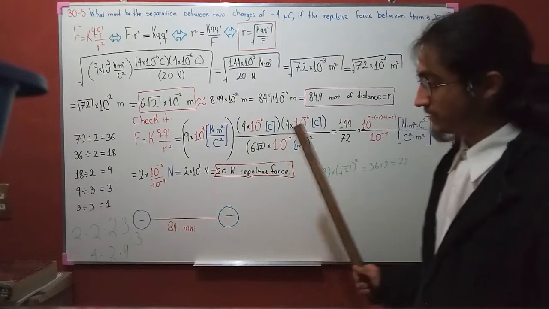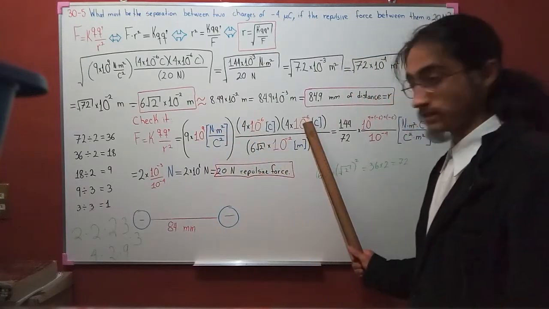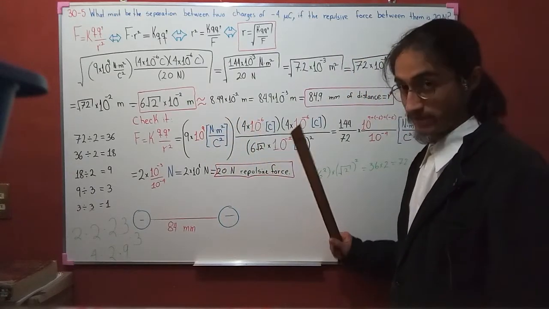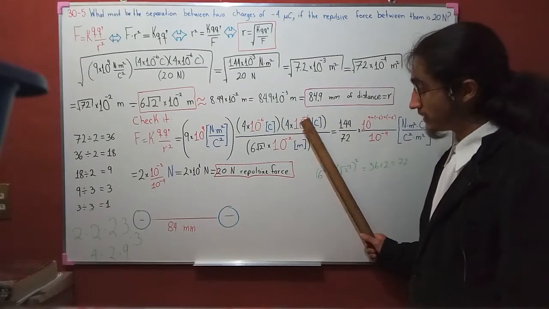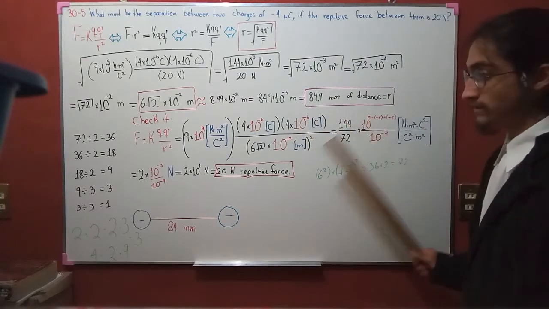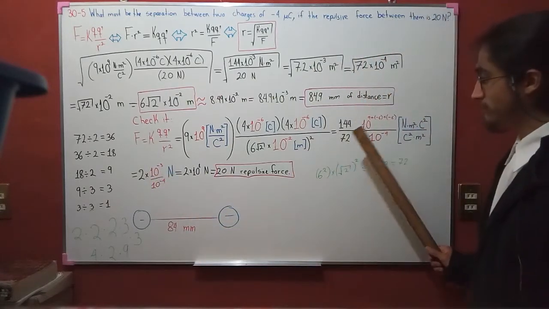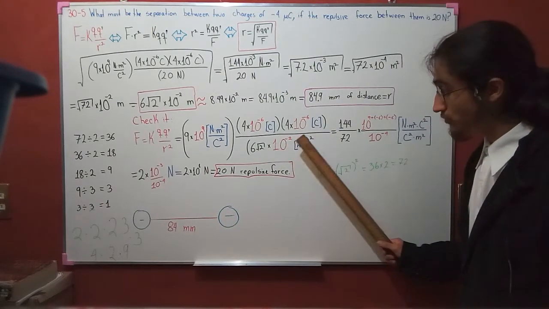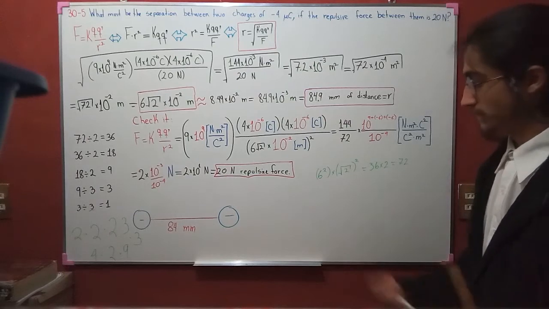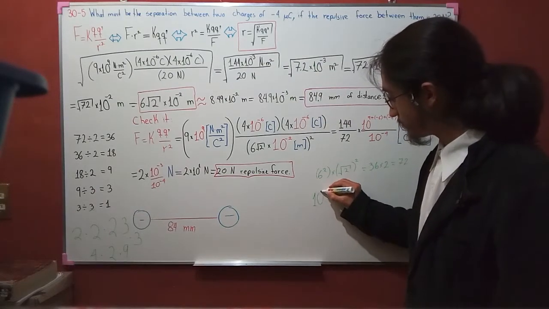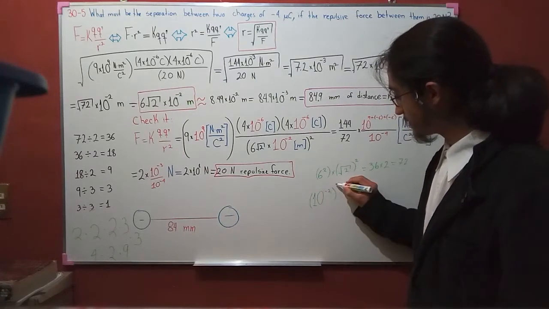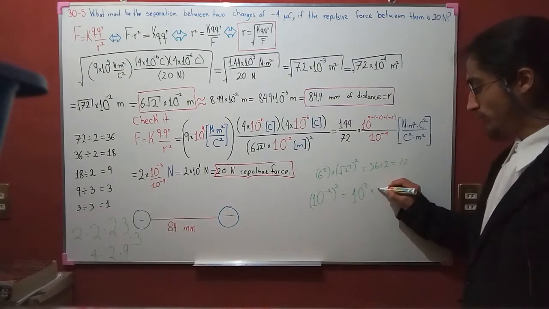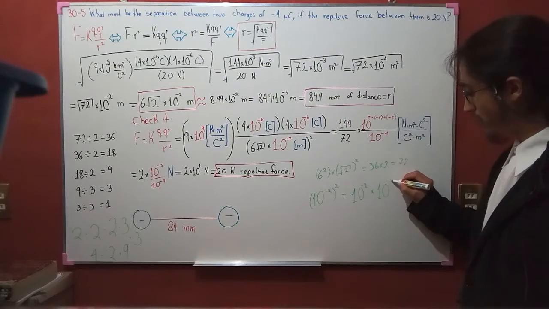Now the product of the numbers of red is the sum of the exponents. So 9 plus negative 6, 3. And 3 plus negative 6, negative 3. This divided by 10 raised to the power of negative 2 squared. But 10 raised to the power of negative 2 squared is equal to 10 raised to the power of negative 2 multiplying 10 raised to the power of negative 2.